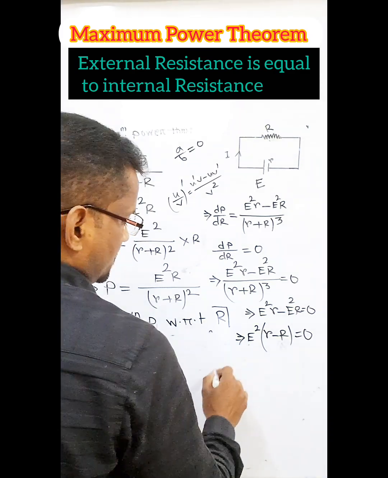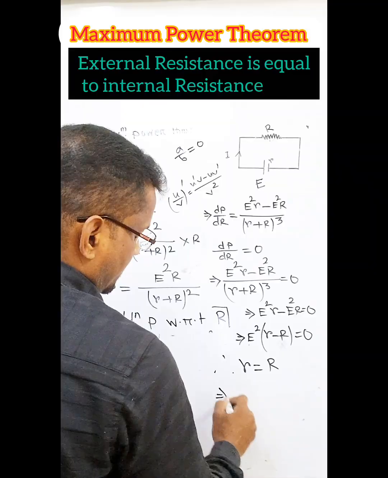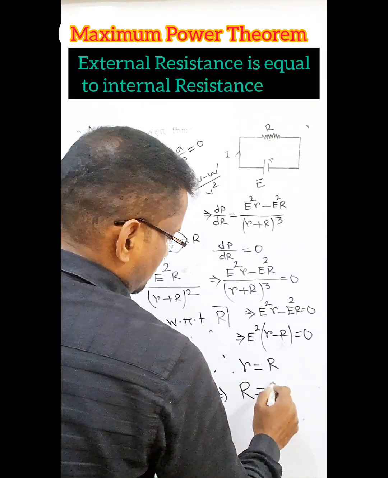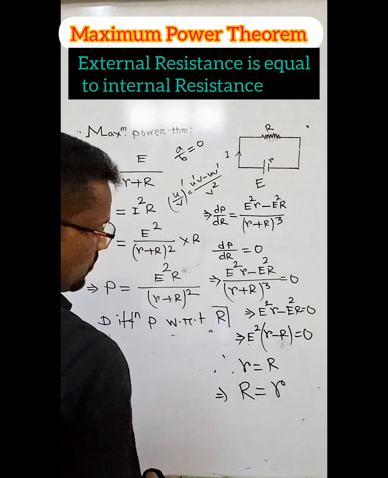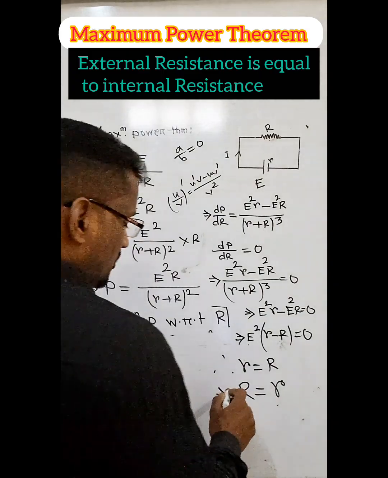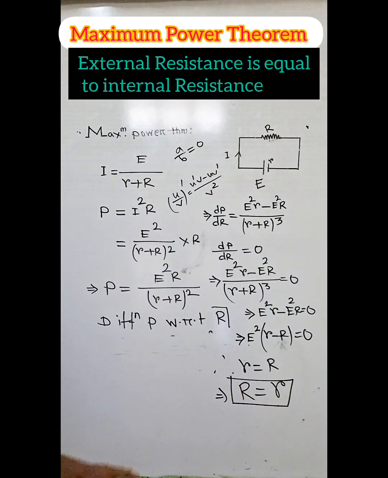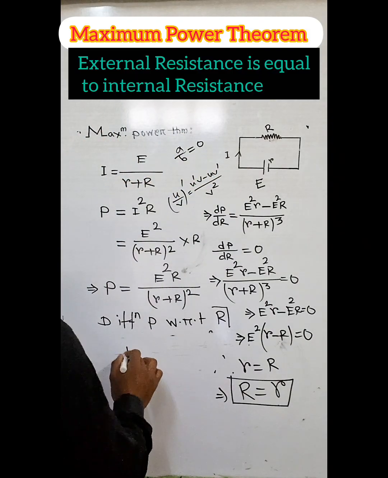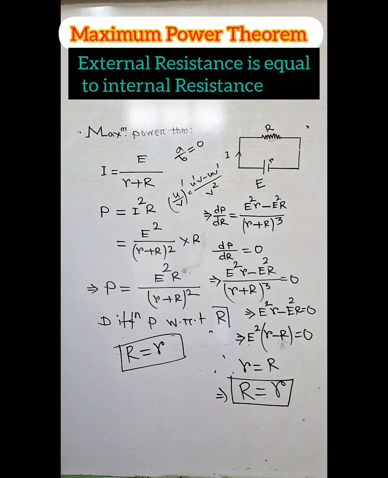E square cannot be 0, therefore r equals capital R. It means when external resistance is equal to internal resistance, this is the point of maximum. In that case, maximum power will be drawn from the source. This is your condition: external resistance R is equal to internal resistance r.